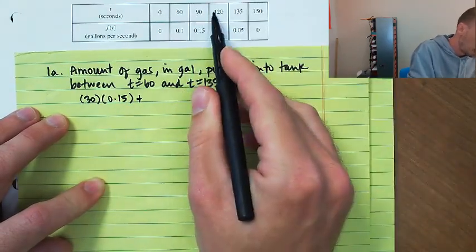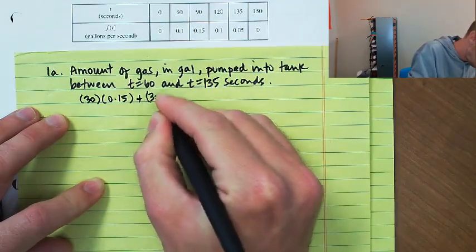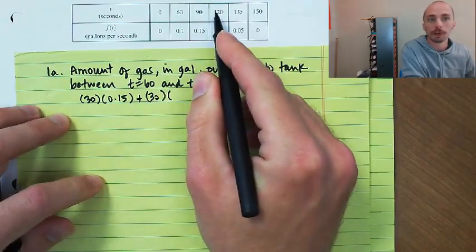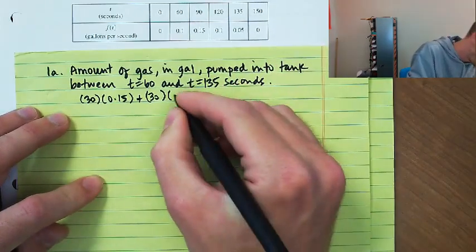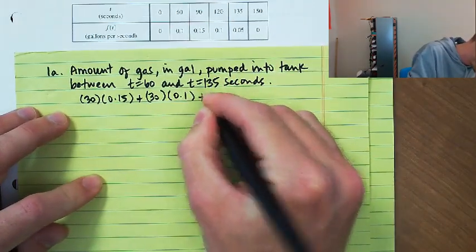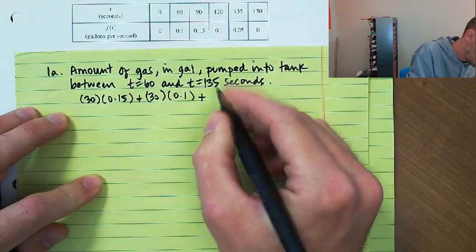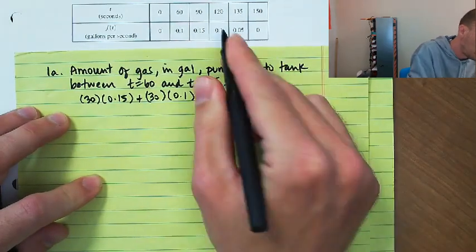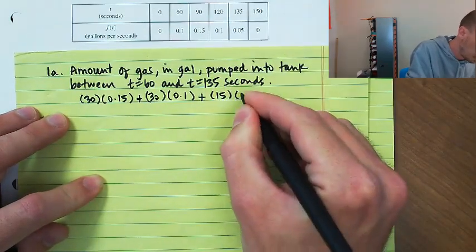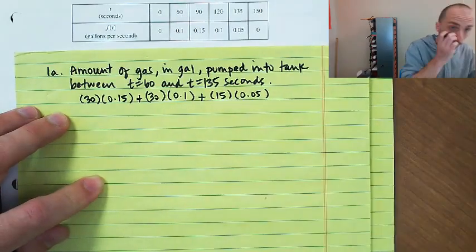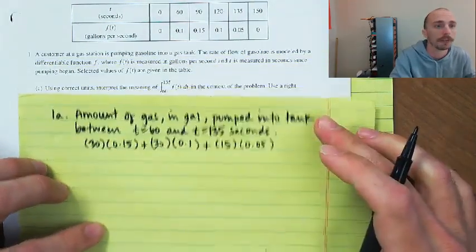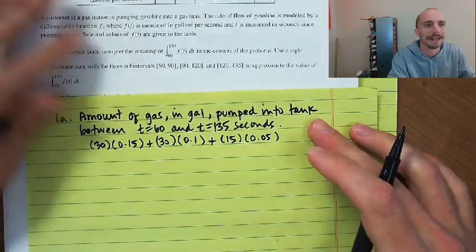Okay, that's a width of 30 as well. Multiplied by the height, which is represented by the right endpoint, that'll be 0.1. And then the last one is 120 to 135. That's a width of 15, represented by its right endpoint. That's 0.05. Okay, and that's going to be my Riemann sum, and I'm going to stop there. I'm not going to simplify, unless I need it in a later part.